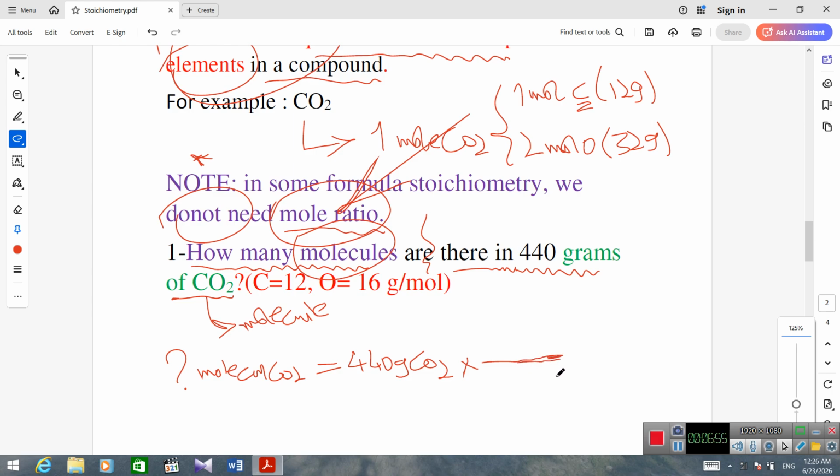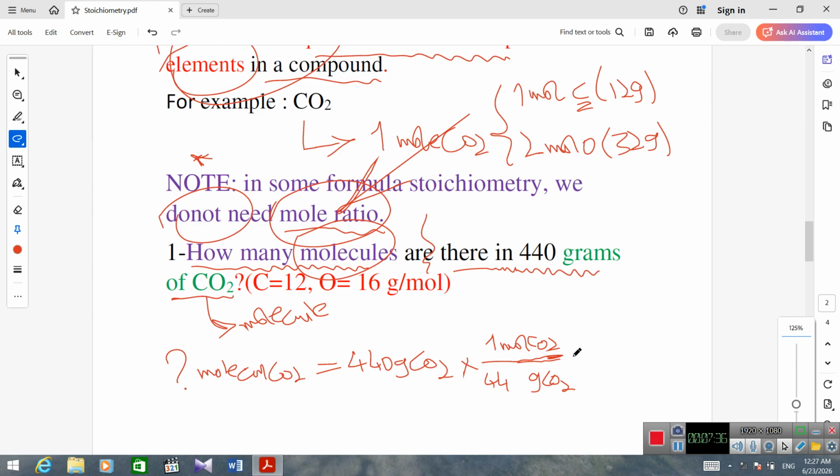So this part will be grams of CO2, and in the first step we must write 1 mole of CO2, and we calculate the molar mass or molecular weight: C is 12 plus 2 multiplied by 16, which is 32, plus 12 gives 44 grams of CO2 per 1 mole of CO2.